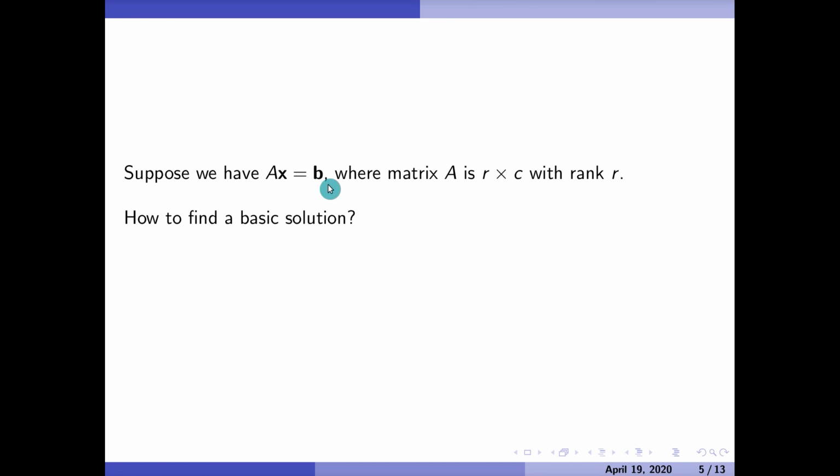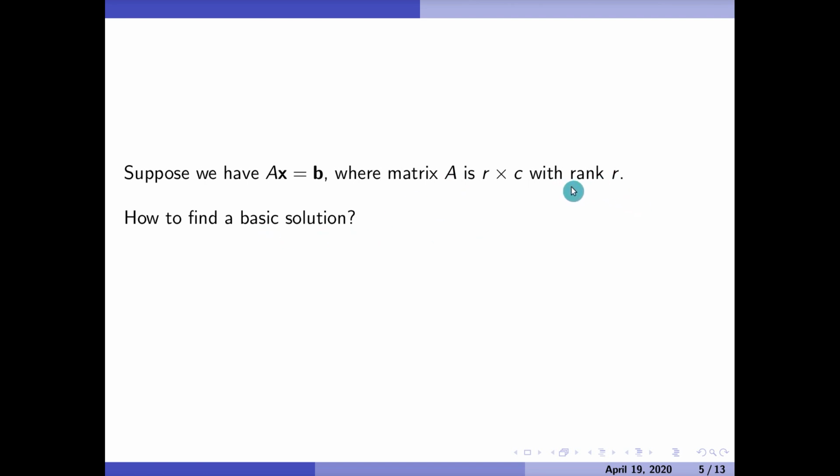So suppose I have AX equal B, where A is a matrix that is R by C with rank R. This is the setup that we had initially in chapter 6, wasn't it? Where we were solving our system of equations. C is usually bigger than R, so that A is a wide matrix, right? Then in that case, how do we find a basic solution?